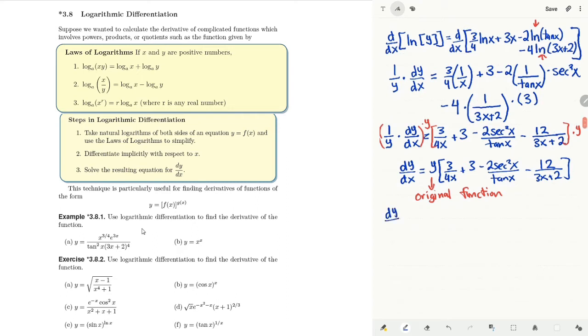So we have dy over dx is equal to x to the 3/4 times e to the 3x over tan squared x times 3x plus 2 to the power of 4, and this is all multiplied by what's inside of the square brackets. And so this is our derivative.